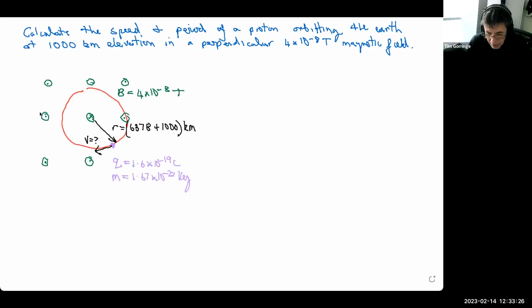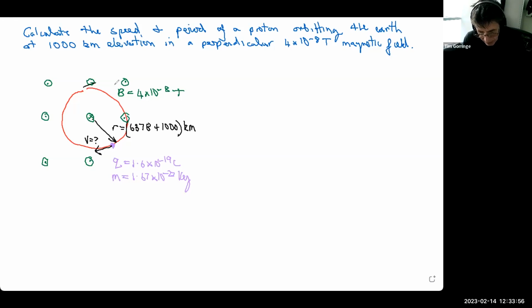Okay, so here's my sketch of the problem. In green, these equally spaced circles are meant to indicate a uniform magnetic field that's emerging from the screen, from the overhead. And that's the magnetic field at the equator that the proton is moving in.